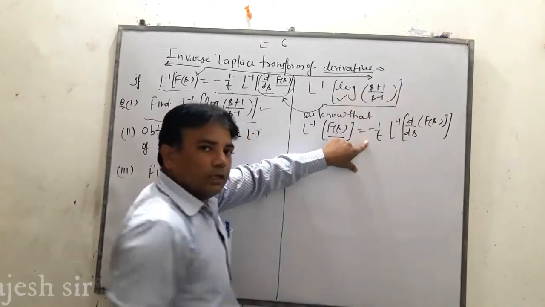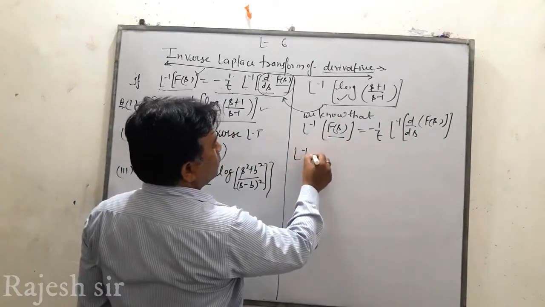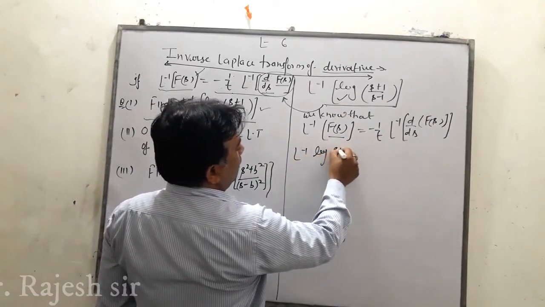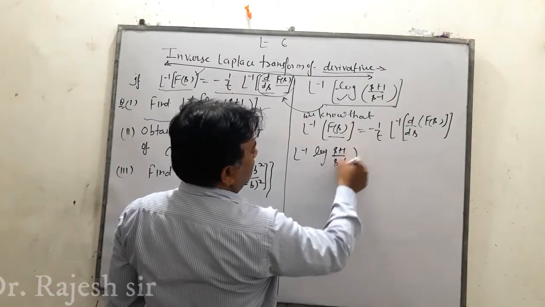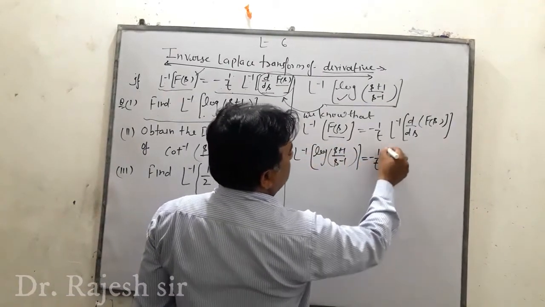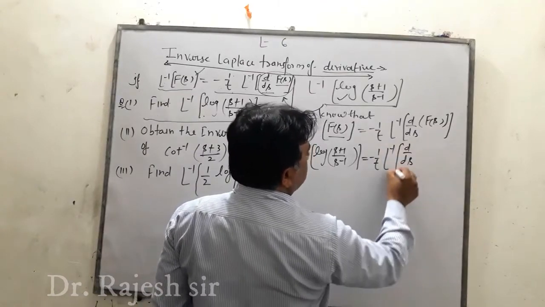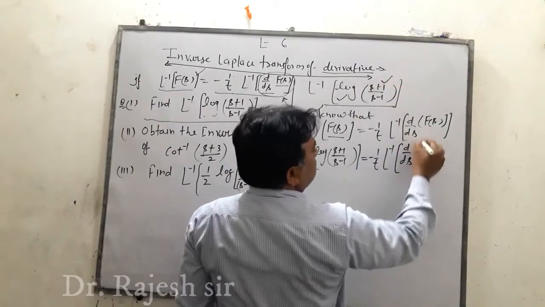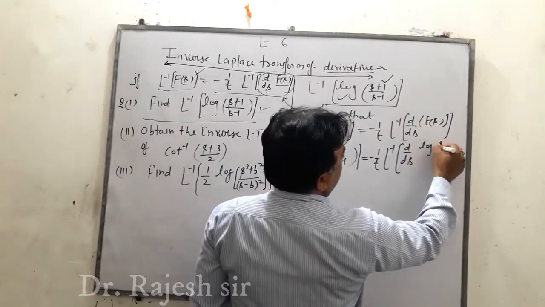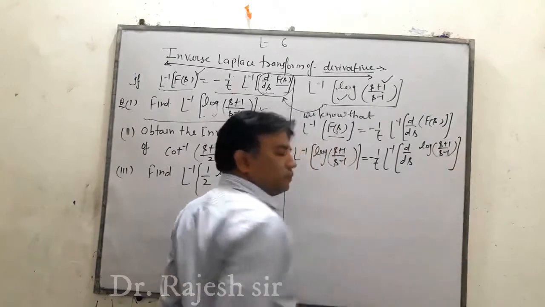By this formula, the Laplace inverse of log of (s plus 1) upon (s minus 1) equals minus 1 by t times the Laplace inverse of d over ds of log of (s plus 1) upon (s minus 1).